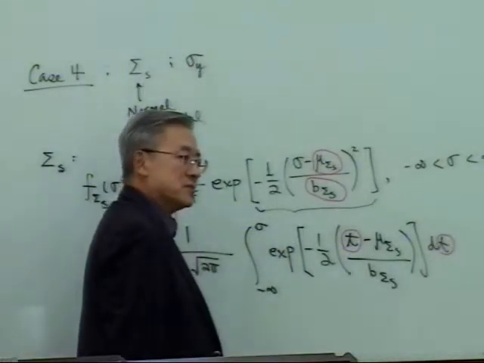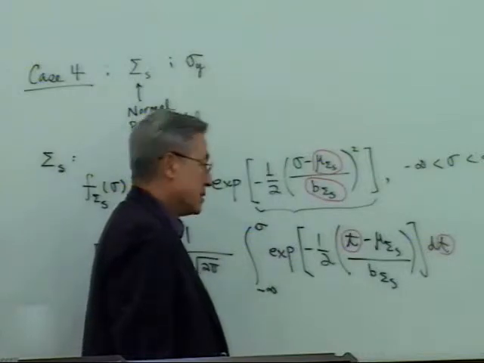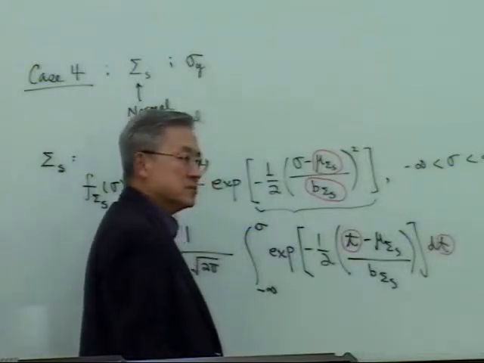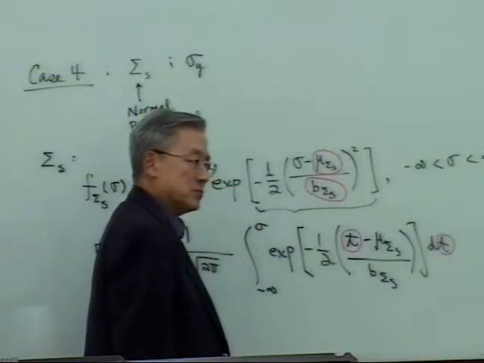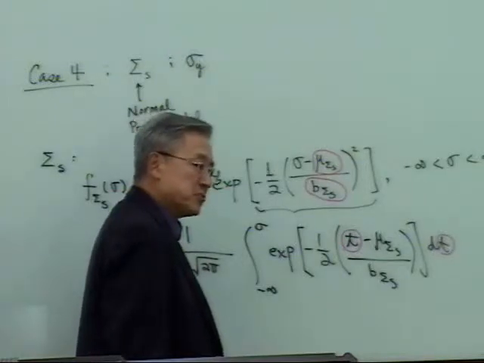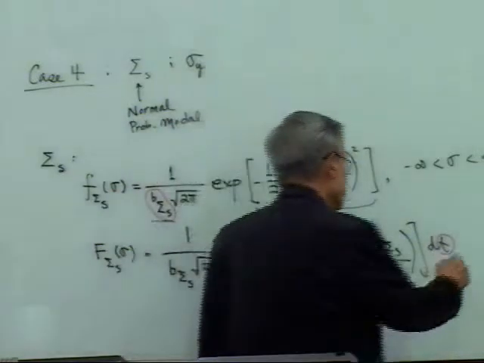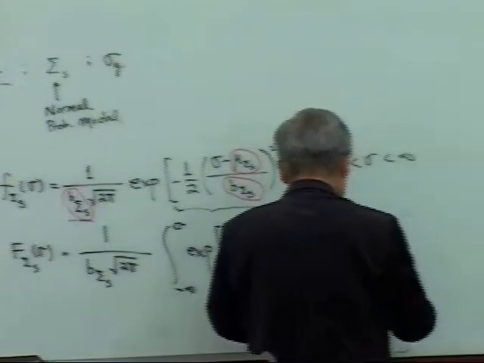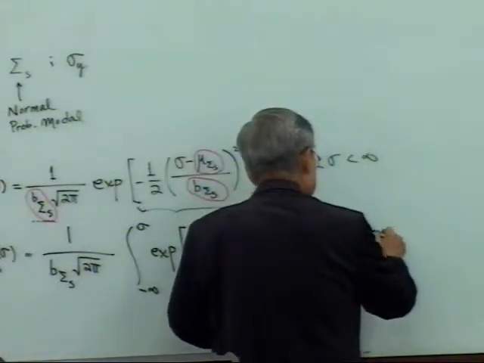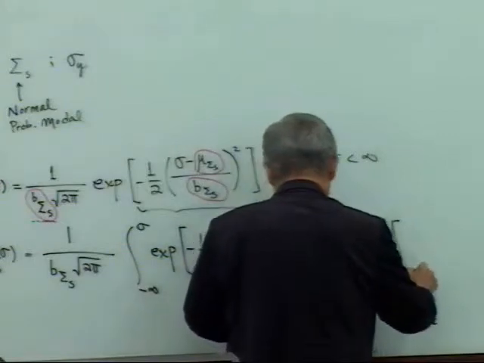Then to make the calculation easy, you use a standard normal distribution by integrating the error function. So I can say this is simply phi.